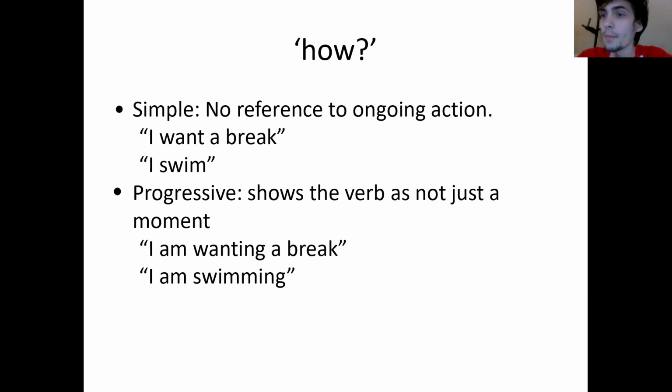All we know is that it is happening currently. As for progressive, we see that this action is happening in time. So I am wanting a break. I am swimming. It adds this ing to the end of it in English. And so we don't really make too big of a deal with it, but it's important to the Greek reader because it shows this progressive action.